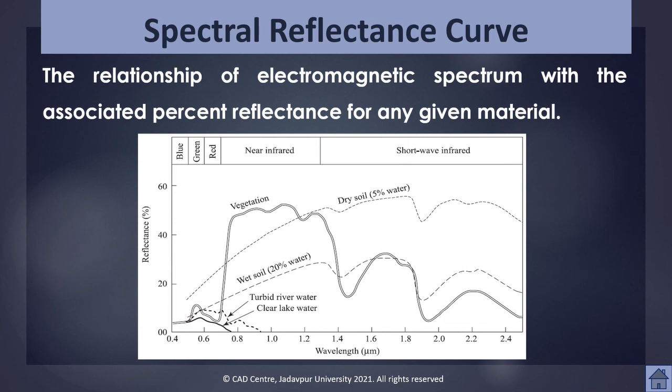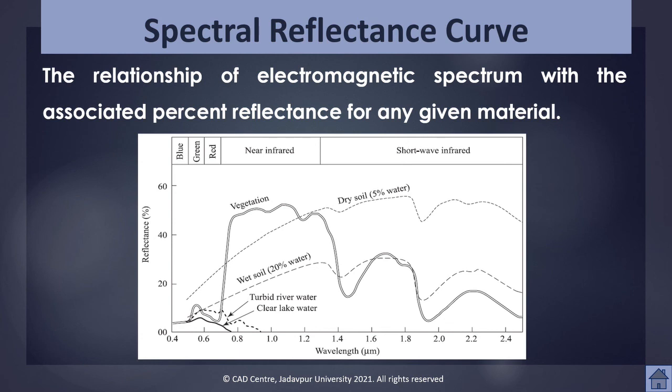Spatial signatures are the arrangements of terrain features like shape, size, texture, etc. Spectral signature indicates the change in reflectance of objects with different wavelengths. Temporal signature is the change in reflectance with time.